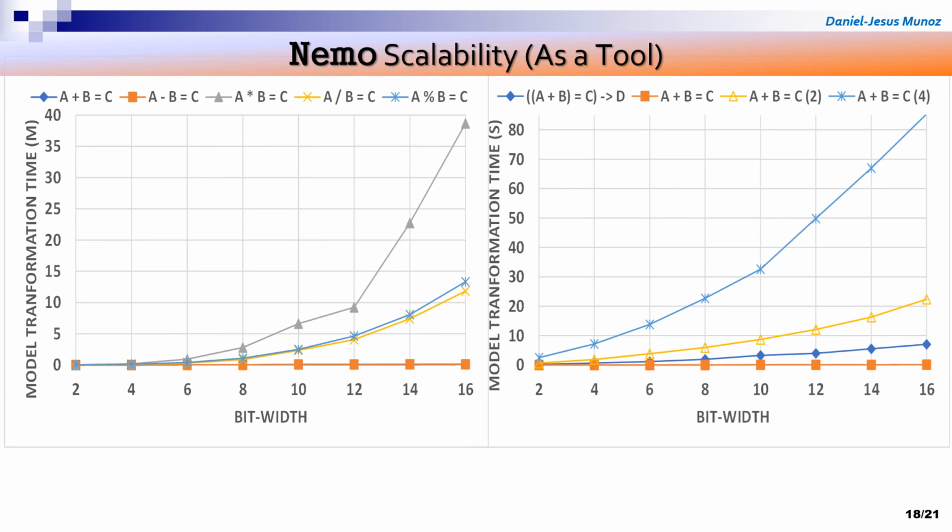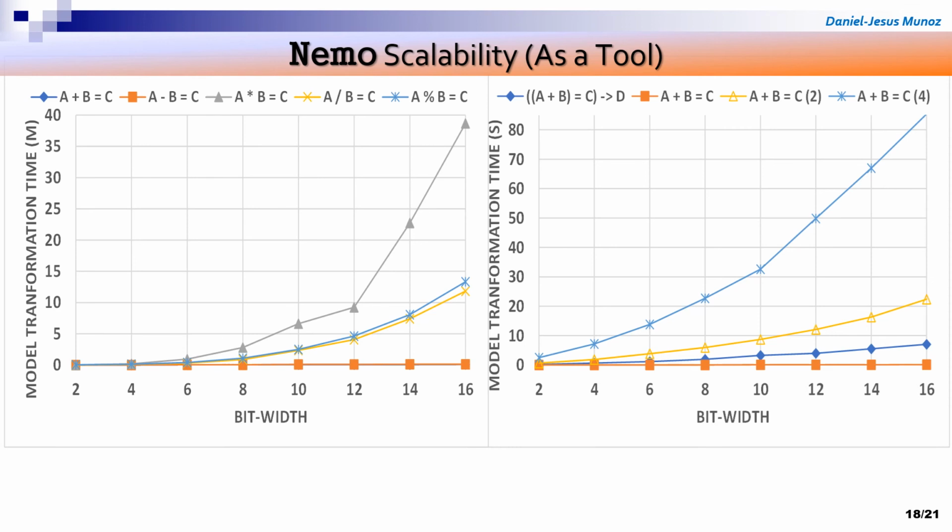As we can see, multiplications take the longest to convert, and then the division. That is expected. But what takes even more are the duplications. In this case, A plus B equal to C 4 times.